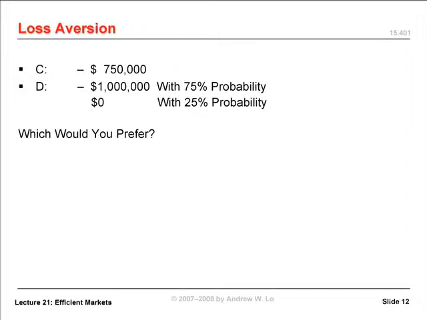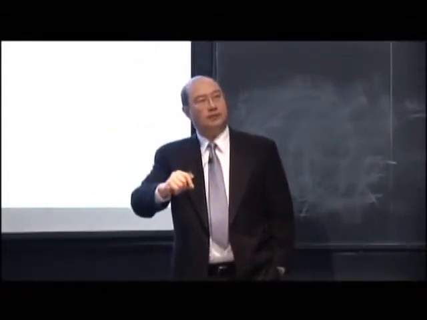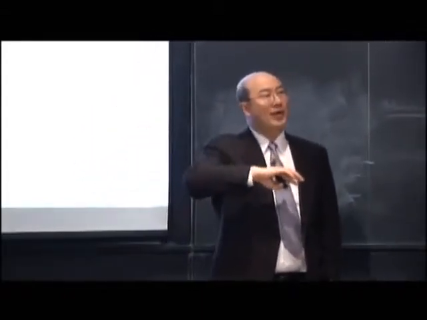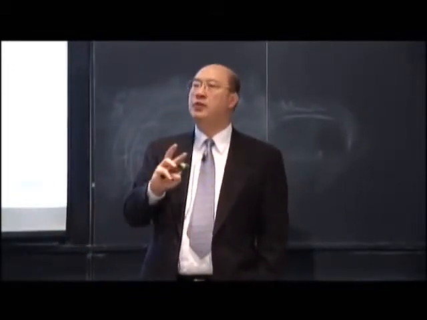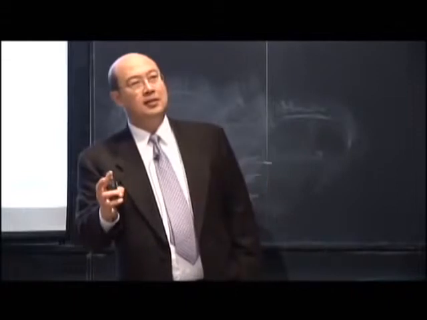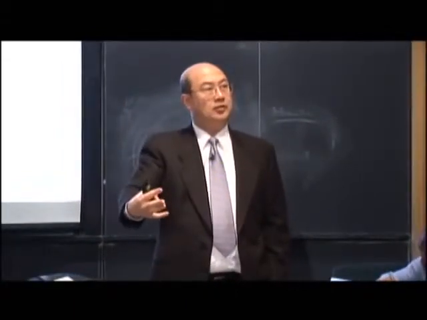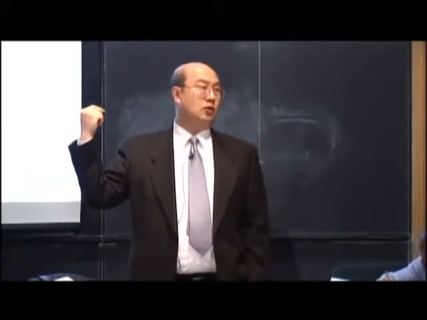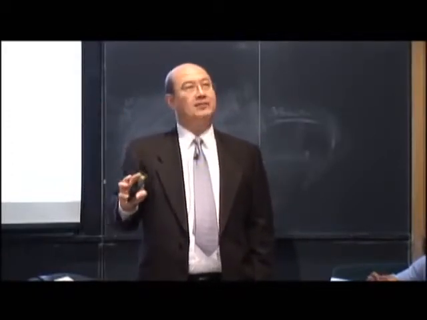So the reason that these two choices are so interesting is that in the first case of A versus B, you picked the less risky alternative because you were being confronted with gains. But in this case, when you're being confronted with two losses, instead of being consistent and picking the less risky alternative, which, by the way, is the sure loss C, virtually all of you picked the gamble.